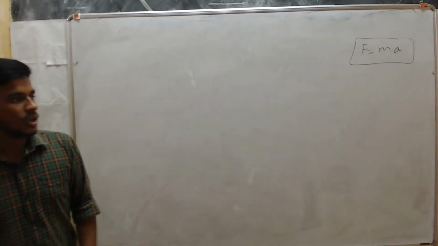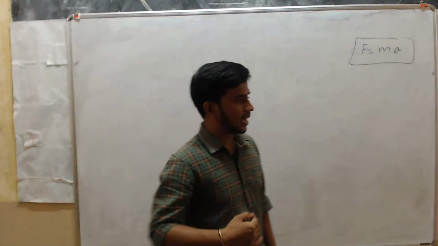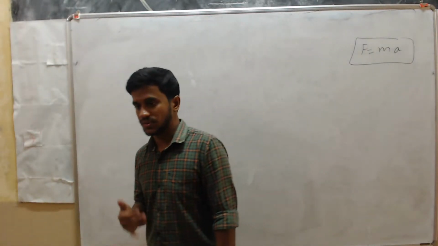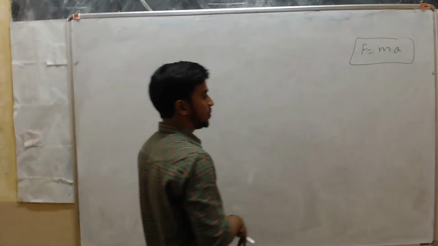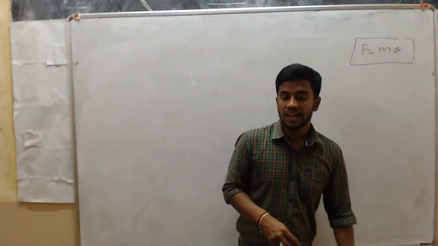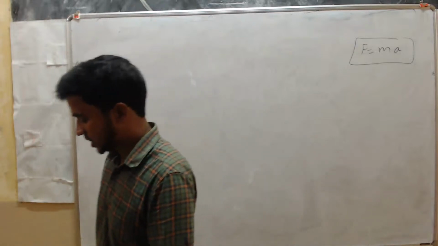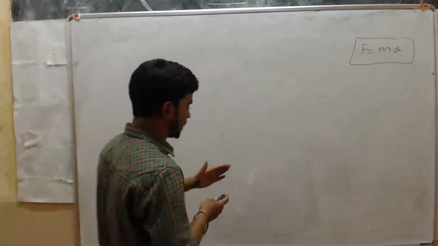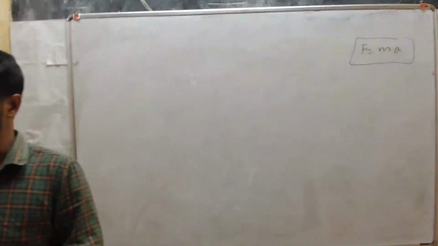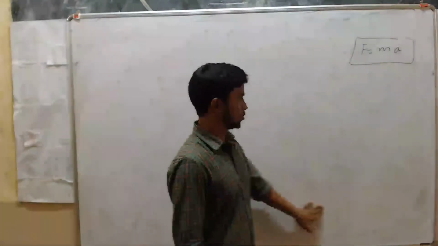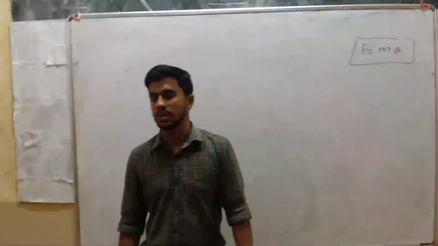For example, if you want to calculate the force which acts on a body, you should multiply the mass of that object and its acceleration. a means acceleration. Then you will get the applied force. But how to derive this one? Already we have studied three equations of motion. Already you have an idea how to start the derivations. So how to start and how to prove that F equals ma.